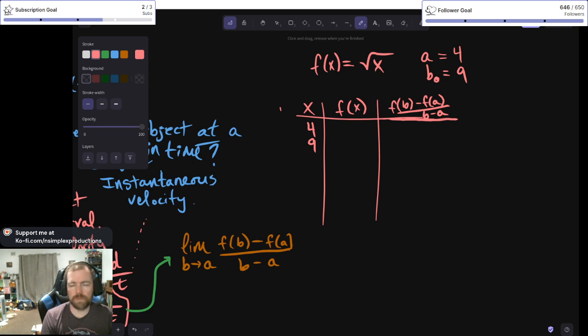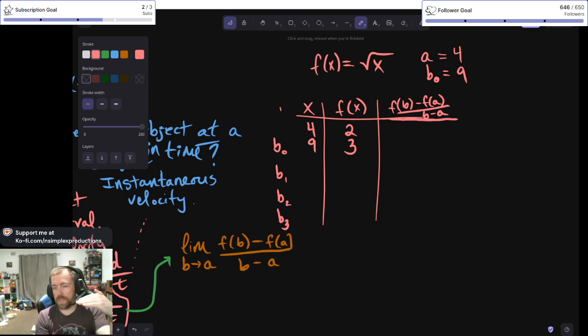Taking the square root, being f of x, is going to get us values of 2 and 3 respectively. And again, this is b0, b1, b2, and b3.